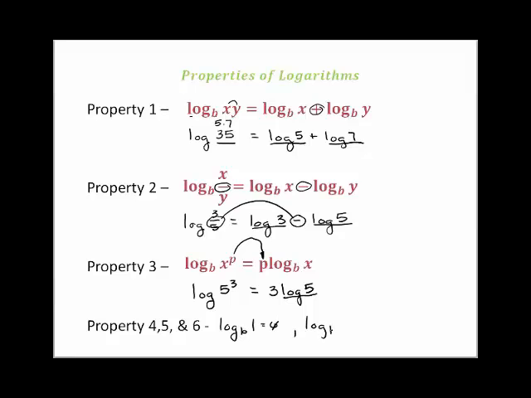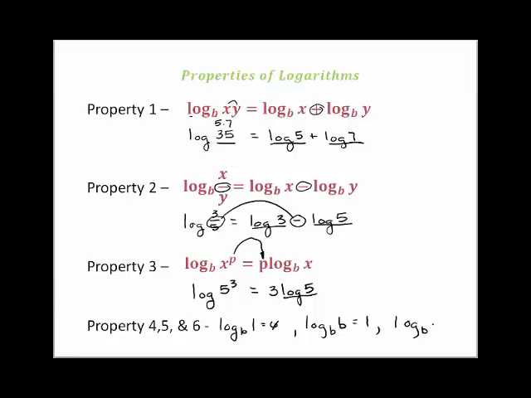And log to the base b of b equals 1. So if we have log to the base 10 that we're used to of 10, it equals 1. Log to the base 8 of 8 equals 1. That'll come into play. And one more.